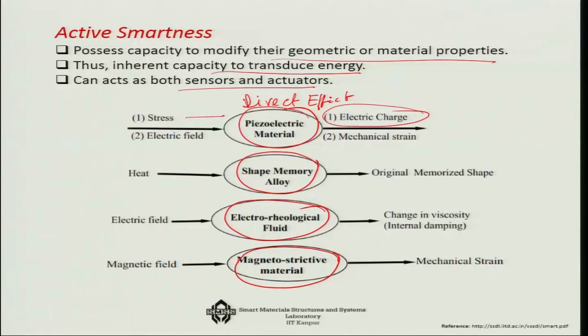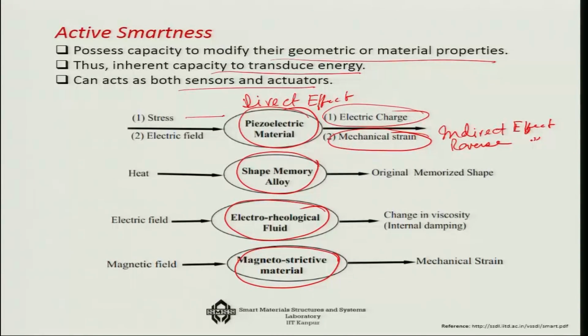That means instead of applying mechanical force and getting some change of electrical field, what if you apply an electrical field to a piezoelectric material? You are going to see a change in the mechanical strain. That means it's going to deform, it's going to change its shape, and that is the indirect effect. Sometimes people also call it the reverse effect or the converse effect. There are very similar names for it.